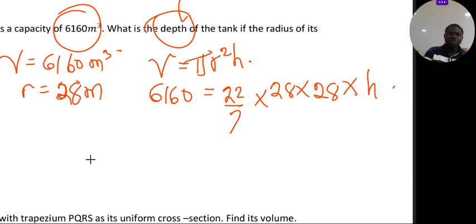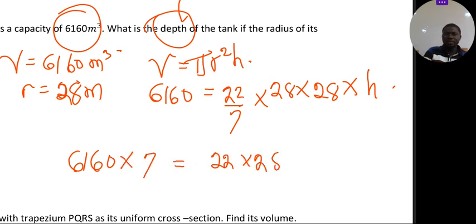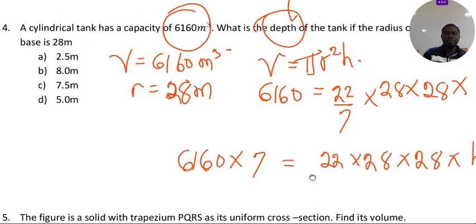So let's do a cross multiplication. We have 6160 times 7 equals 22 times 28 times 28 times height. From there we can easily obtain the height.